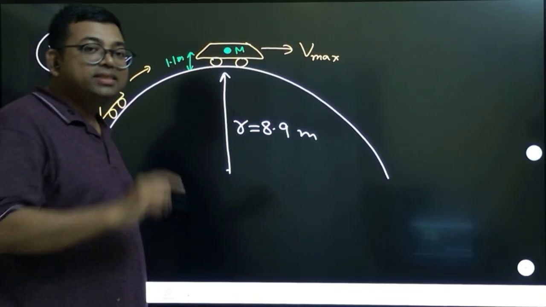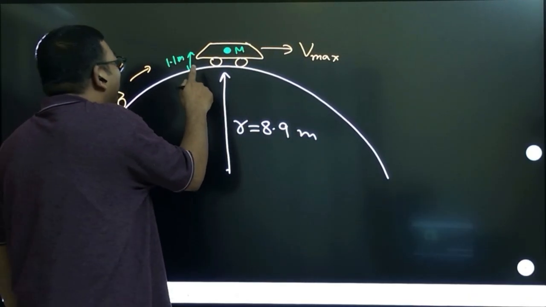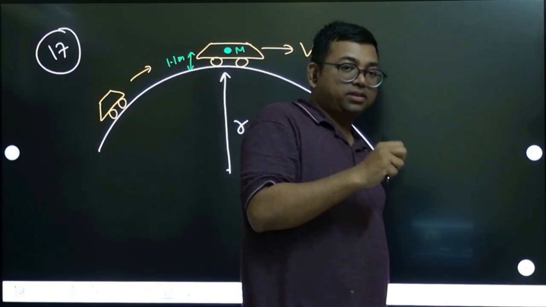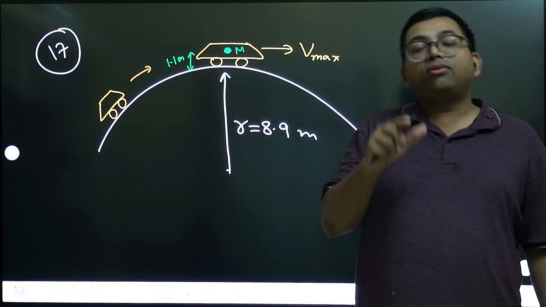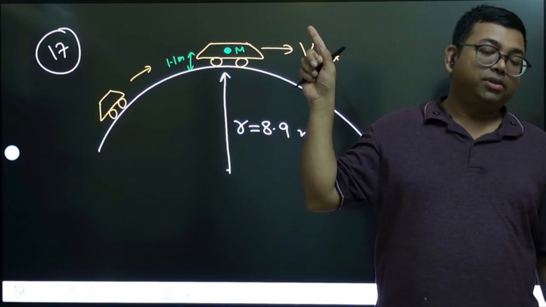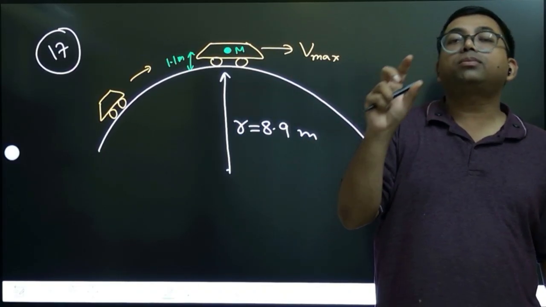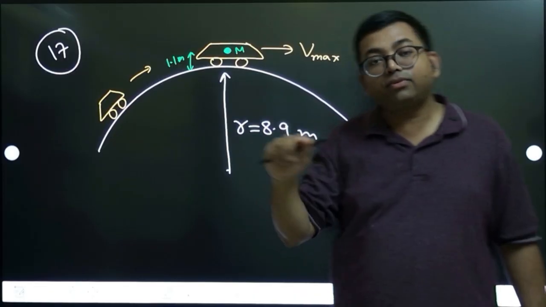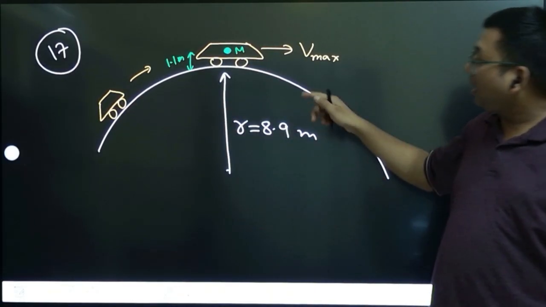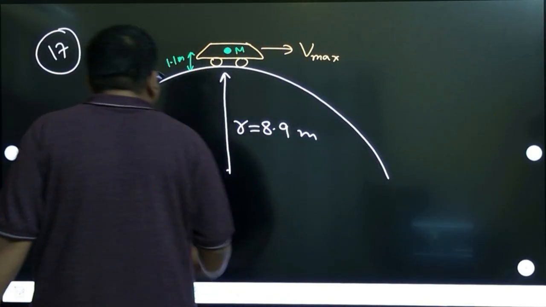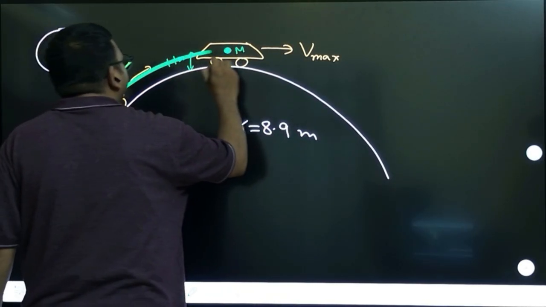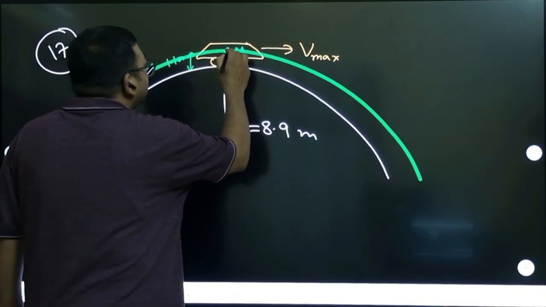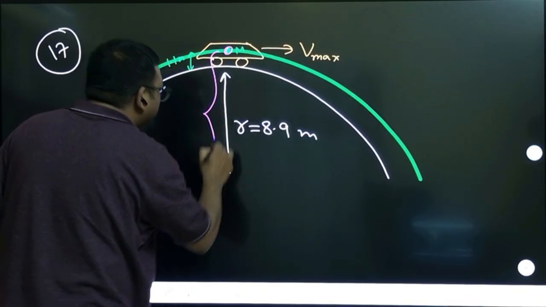Now try to understand the meaning. Why are they giving this height 1.1? Because this object is not taken as a point object, but the center of mass, that is the center of gravity where the gravity is acting, that point you have to treat as the object. So if this car is going in a circle, that point is actually going in a circle. The entire car will be represented by that point. So the radius of this circle, you need to take the distance of this point from the center.